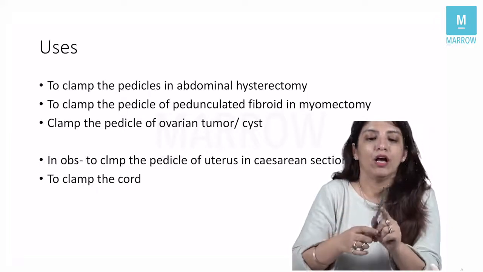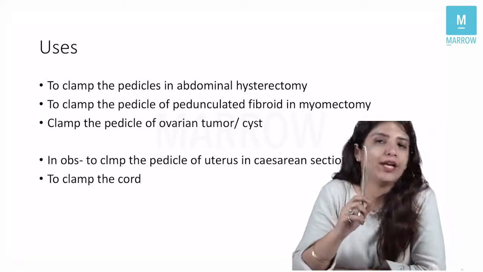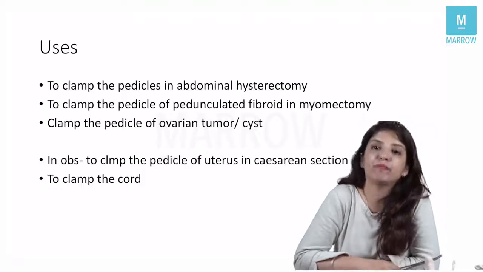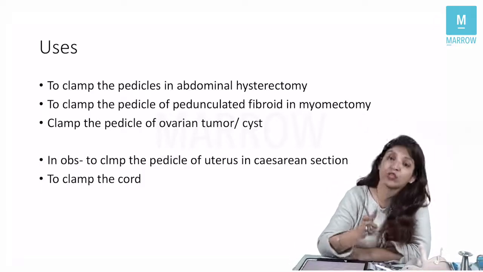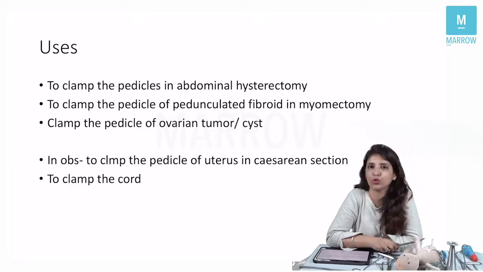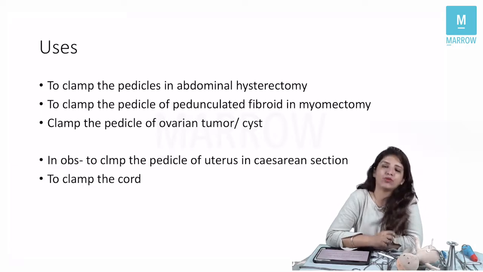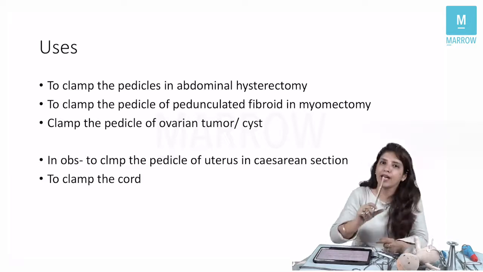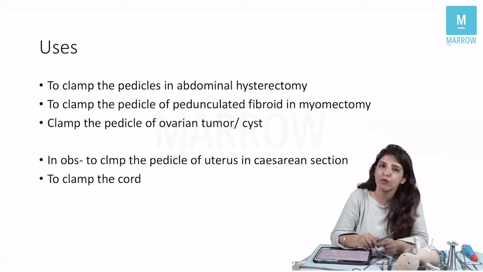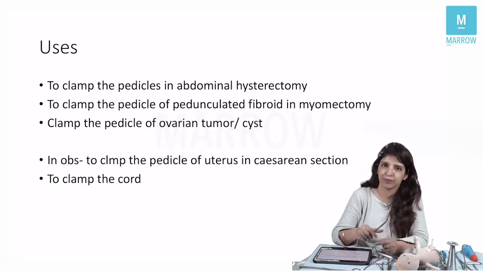Now, when you are holding this forceps in your hand, the potential viva question, which could be an AIIMS question also, is in which order the ligaments are clamped in abdominal hysterectomy and in vaginal hysterectomy. So remember, in abdominal hysterectomy, the first clamp is put at the round ligament and tubo-ovarian ligament, right?